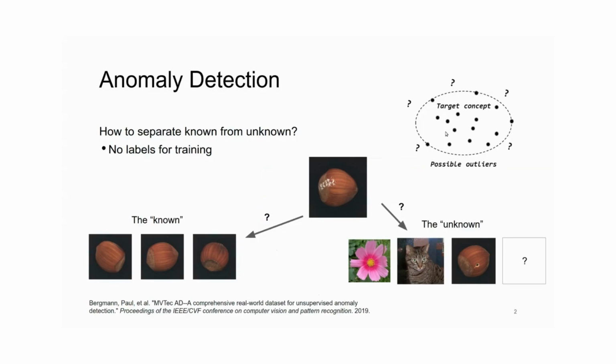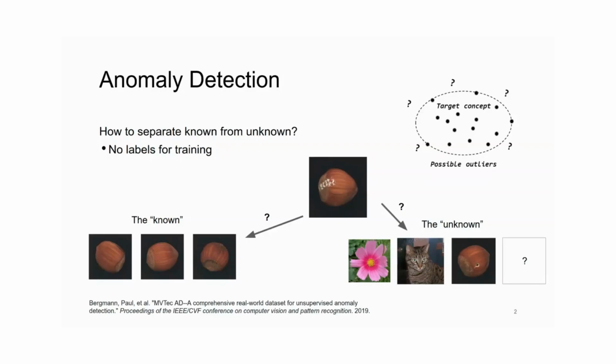So we look to identify anomalies, and anomalies are any samples that differ from the normal train set in a meaningful way. For example, if our normal train set were only normal images of hazelnuts, anomalies might appear as hazelnuts with some defect on them, or images of cats or flowers.